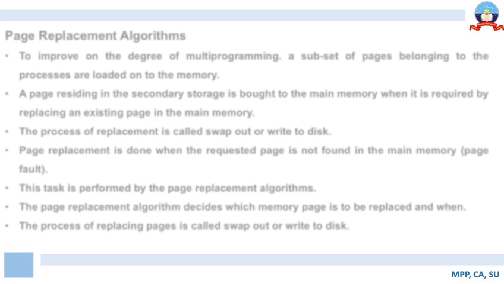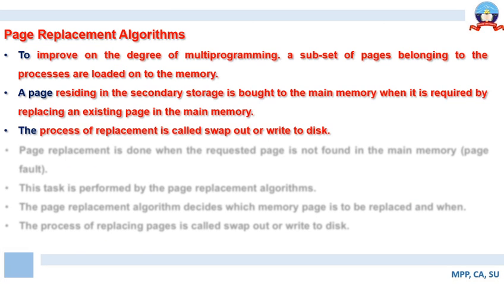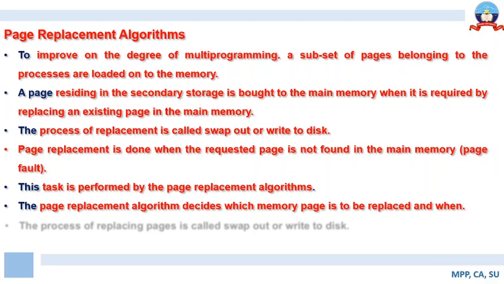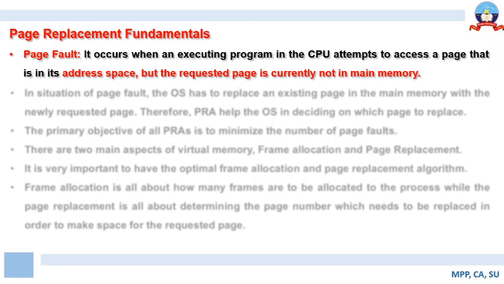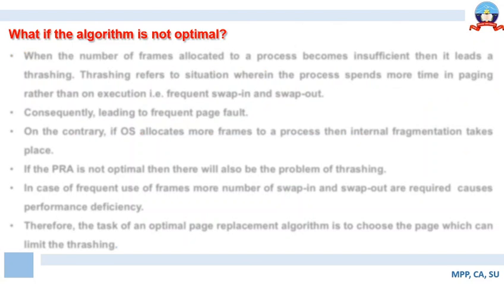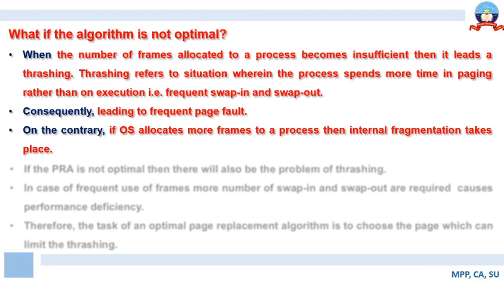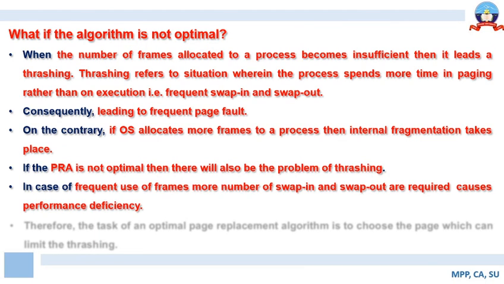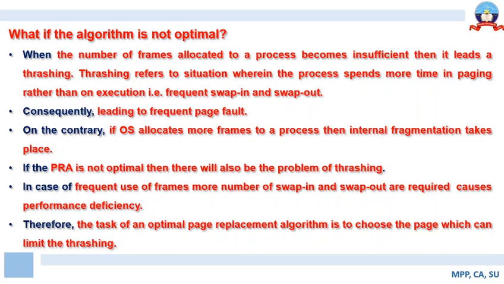Then we moved on to page replacement algorithms, discussed the considerations for page replacement algorithms, some of the fundamentals associated with page replacement, and the need for an optimal page replacement algorithm. In the next class we will discuss some of the important page replacement algorithms that are used in different operating systems.